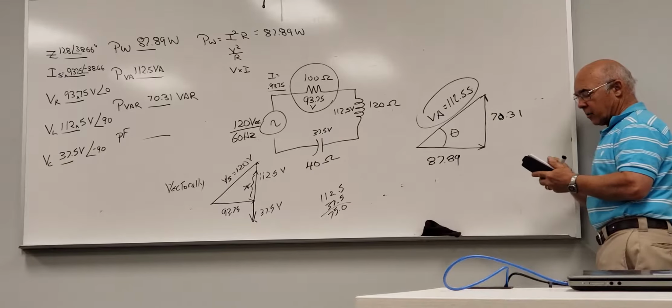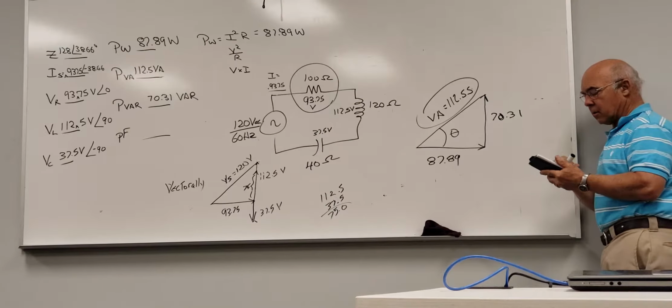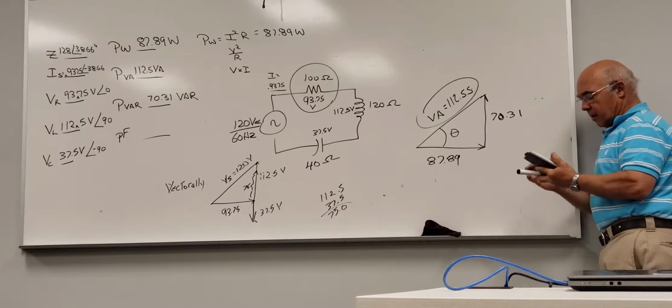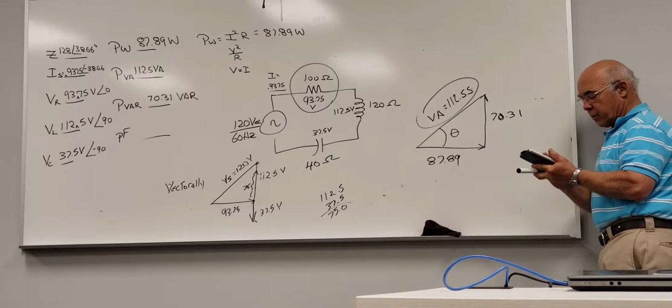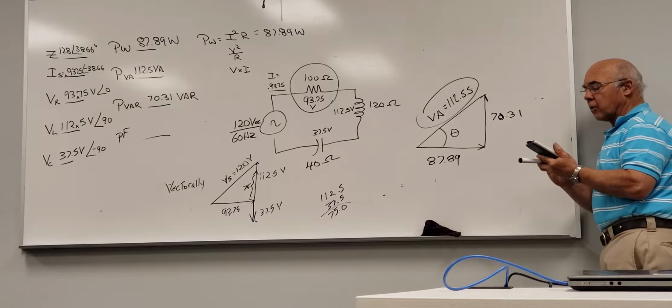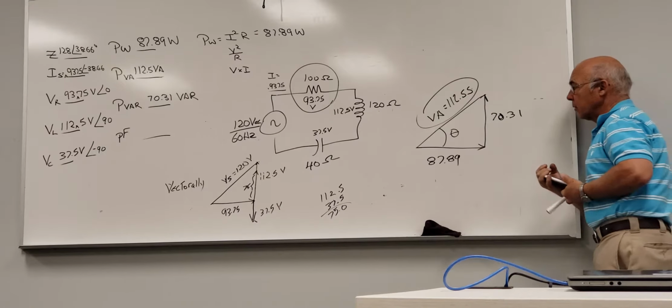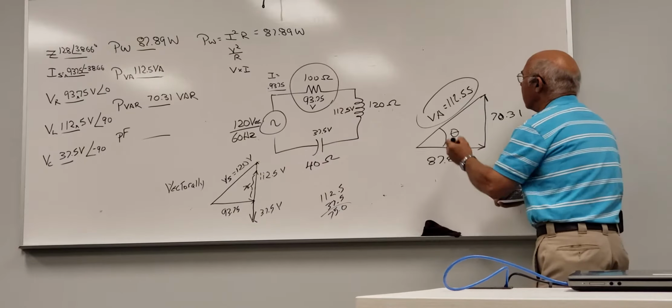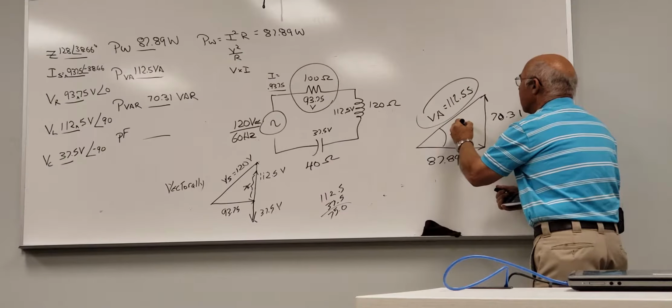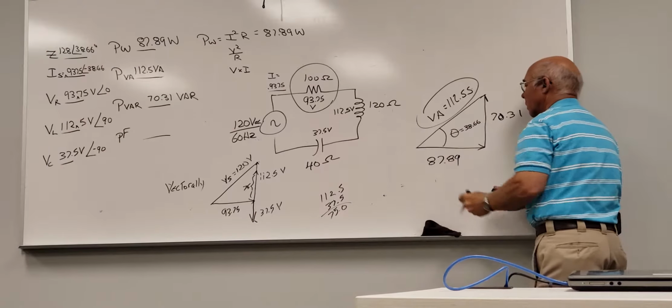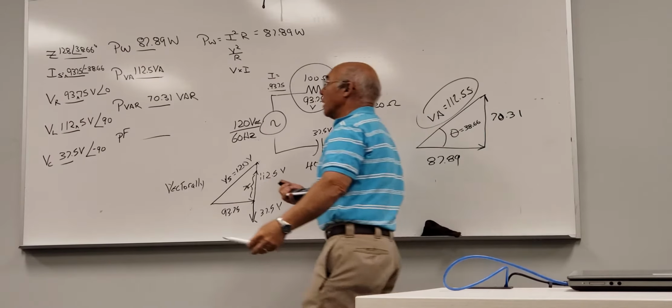Right. So second function, tangent of 70.31 divided by 87.89 equals 38.66. Which is exactly what we got right here.